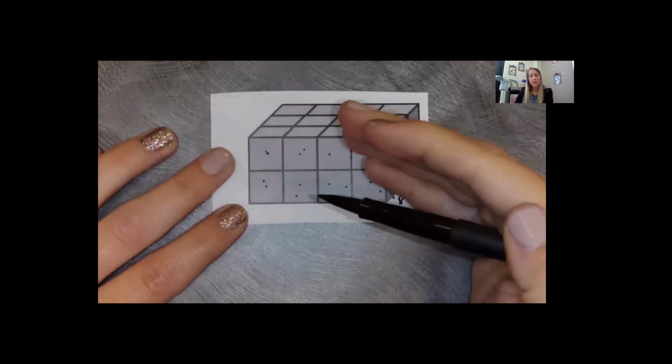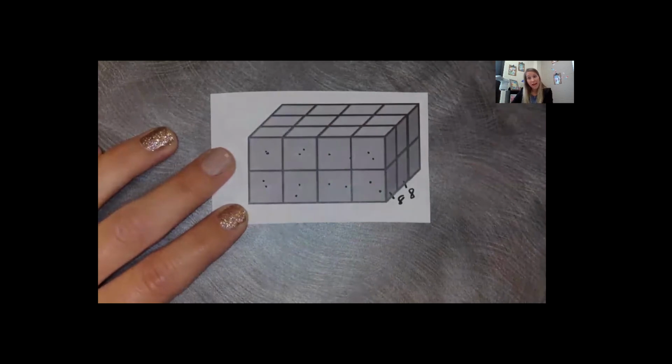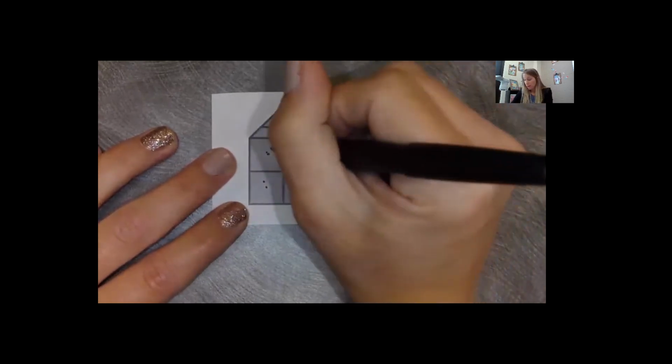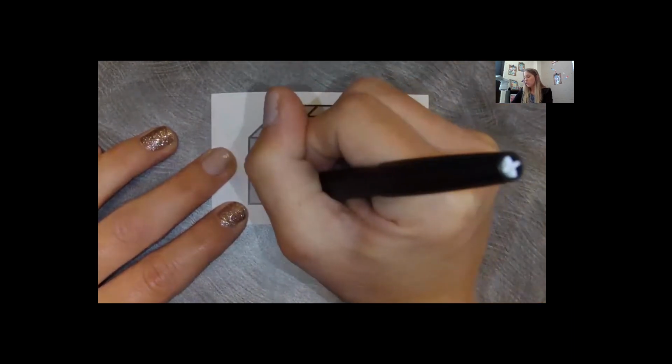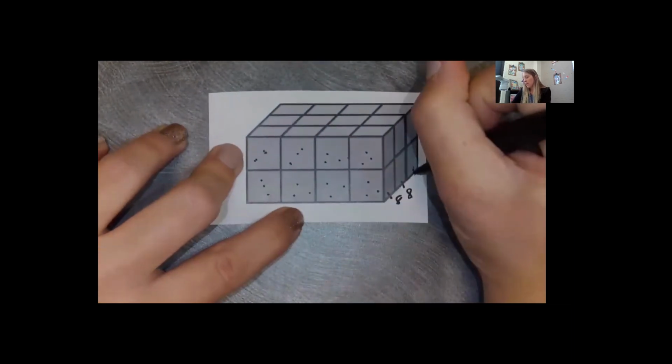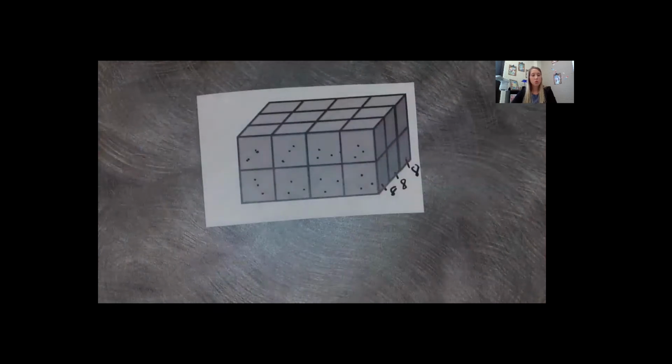And I know that there's another row behind that one. 16, 17, 18, 19, 20, 21, 22, 23, 24. So if you said 24, you were right. I would need 24 unit cubes to recreate or build this rectangular prism.